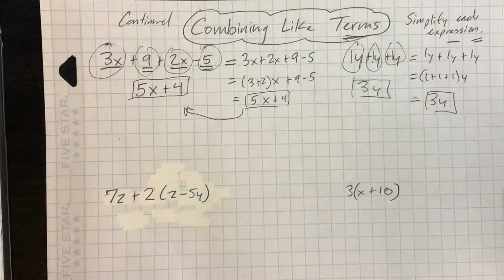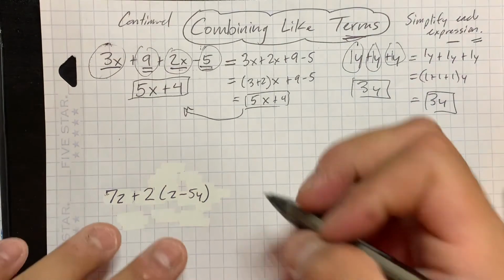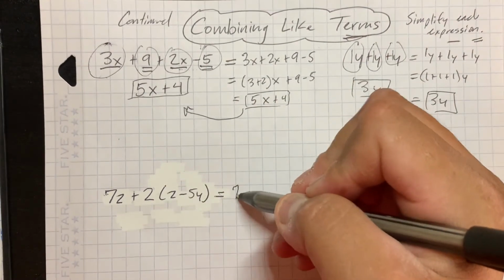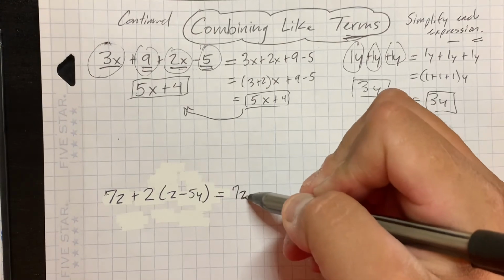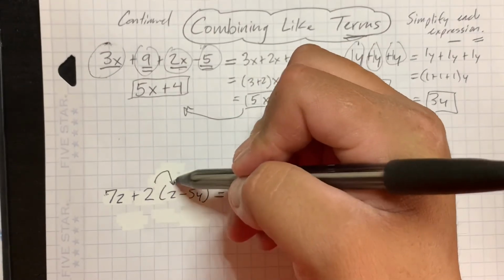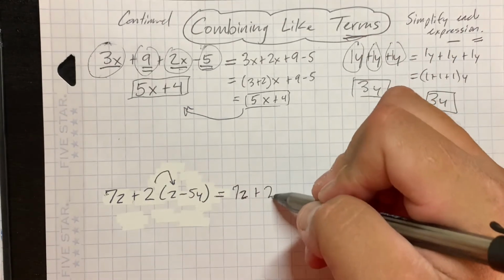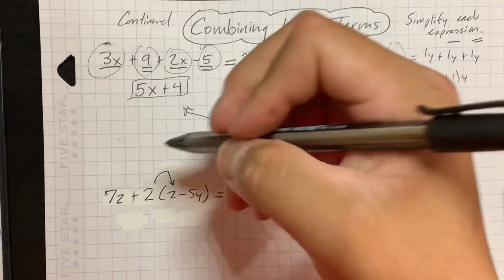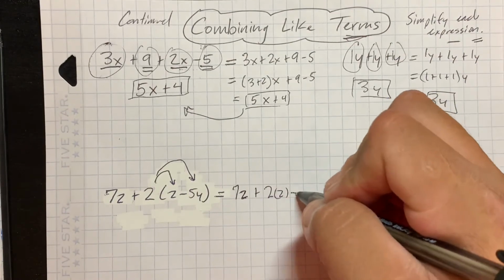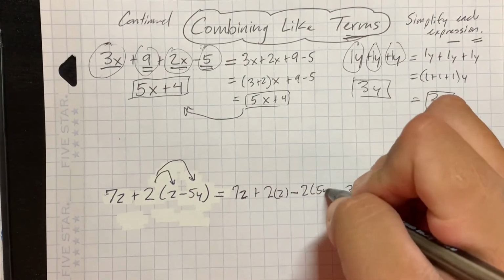All right, for the next problem, we're going to use the distributive property. So what I mean by that is we're going to rewrite 7z. So 7z, and then we're going to add, so when we distribute 2z, this is going to be 2z, and then 2 times 5y, so this is going to be minus 2 times 5y.